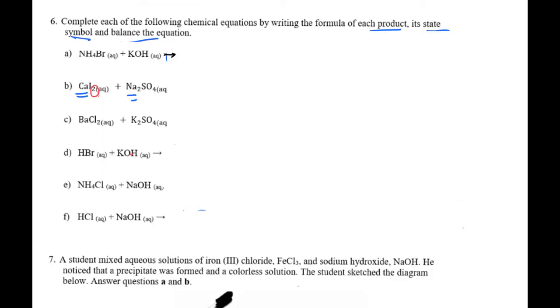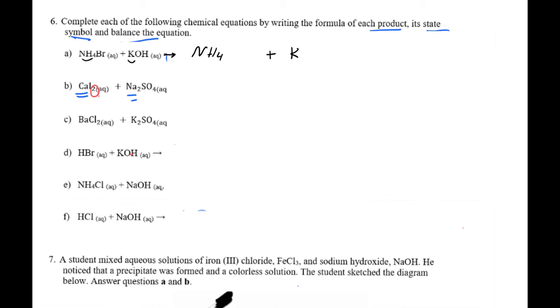Complete each of the following chemical equations by writing the formula of each product, its state symbol, and balance the equation. First question, NH4Br plus KOH. The formula should start with a cation, which is a positive ion. The positive ion never changes its seat, while the negative ion is exchanged.